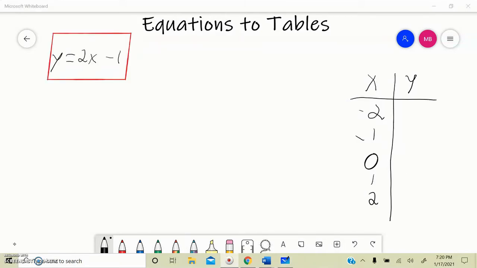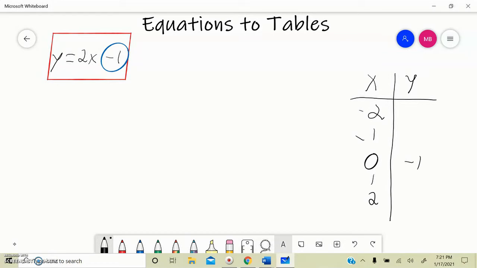So now we are going to go from equations to tables. So in this red parallelogram, we have the original equation of y is equal to 2x minus 1. Well, from that original equation, I can already pull out my y-intercept. So I can already see negative 1, so that is going to be my y-intercept.